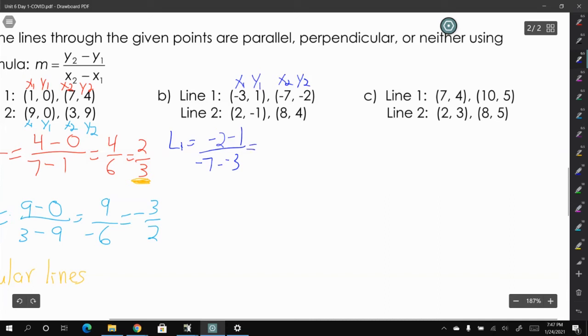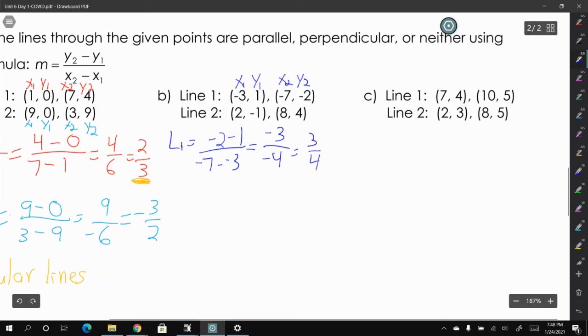So negative 2 minus 1 is negative 3. And negative 7 minus negative 3, well, minus a negative you're adding, so you can think of it as negative 7 plus 3, you get negative 4. So that will simplify to 3/4.